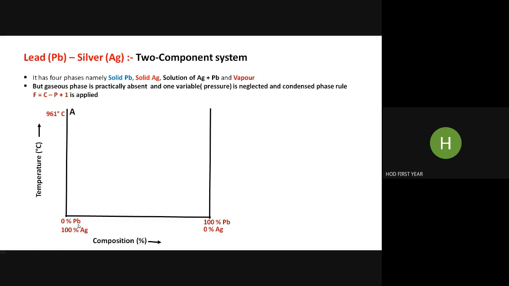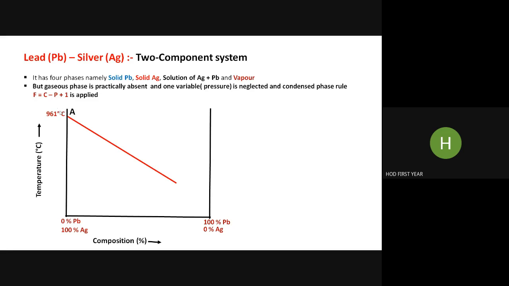Now I will add lead into silver, and I will get this curve. What does this line or curve tell us? According to this line, when I start adding lead into silver, the melting point of silver is decreased. Right?